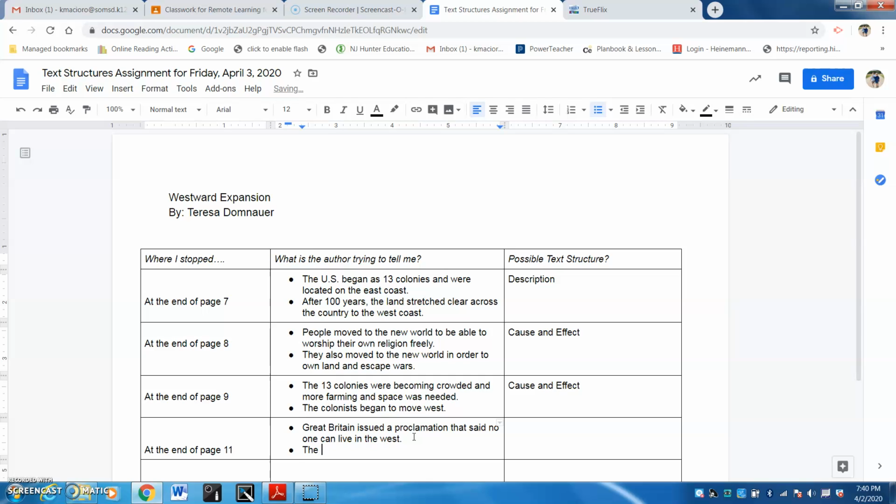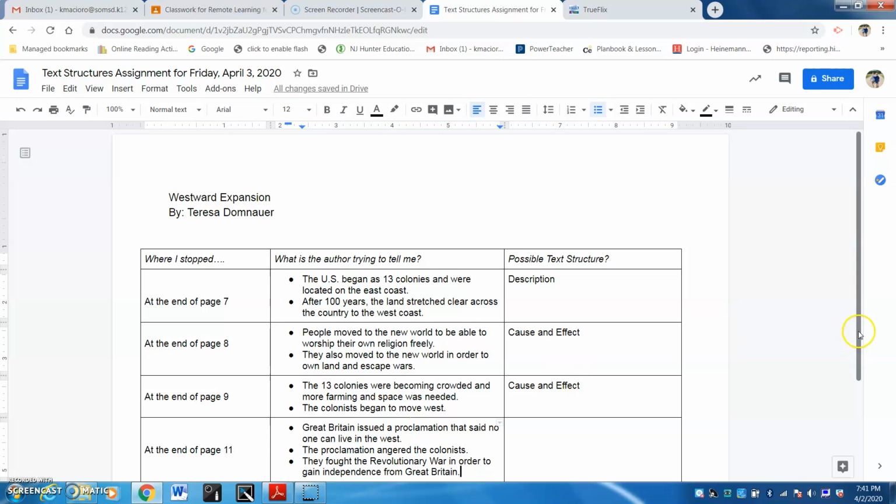I also learned that the proclamation angered the colonists. They fought a war. They fought the Revolutionary War in order to gain independence from Great Britain.